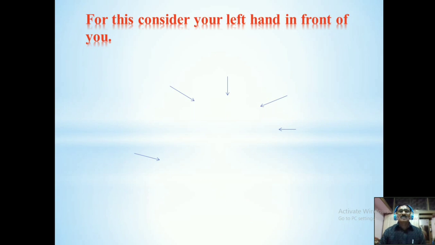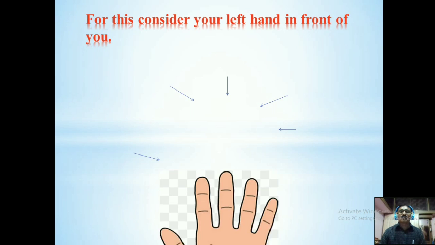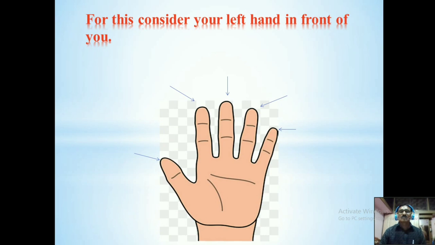For this, consider your left hand in front of you. This is little finger. This is the ring finger. This is middle finger. This is index finger. And this is thumb.